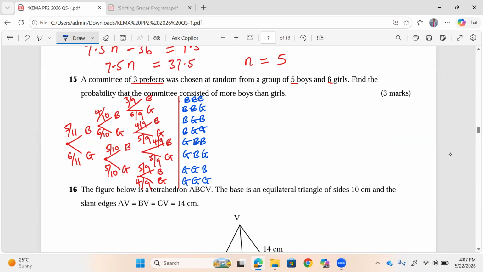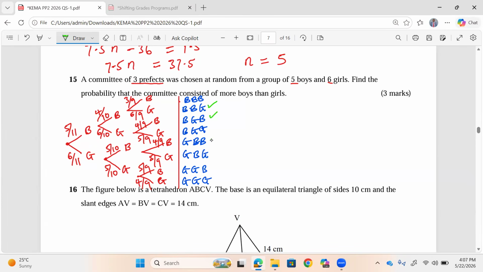The question is the probability that the committee of prefects consisted of more boys than girls. So we consider the cases where the boys are the majority, not pure boys. We want at least to have boys and girls, but it is the boys that are more.